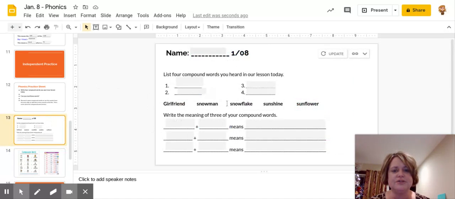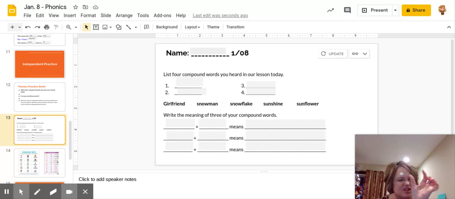But what you're going to do, so let's do snowflake. You're going to put snow here and flake, and then you're going to tell me what it means. And so you're going to say a flake that is made of snow. Okay? Flake and snow.